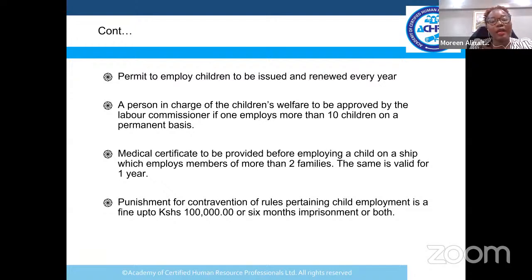So if you are an employer and you contravene any of those things that we've talked about in line with employment of children, you will be liable on conviction to pay a fine of not more than 100,000 or imprisonment for 6 months or both. You can pay the fine and also be imprisoned.